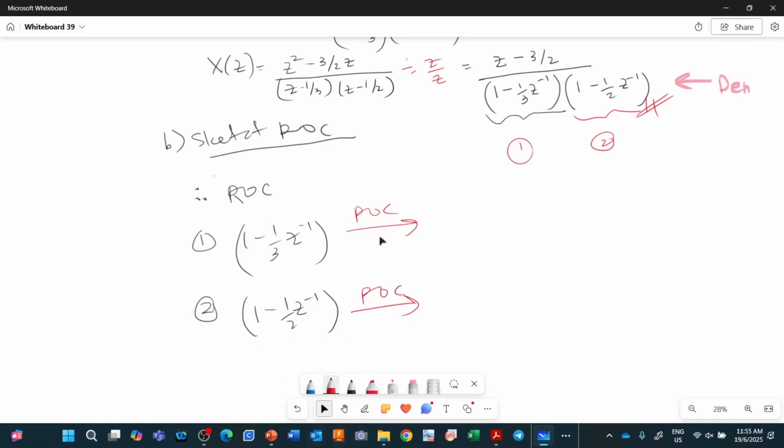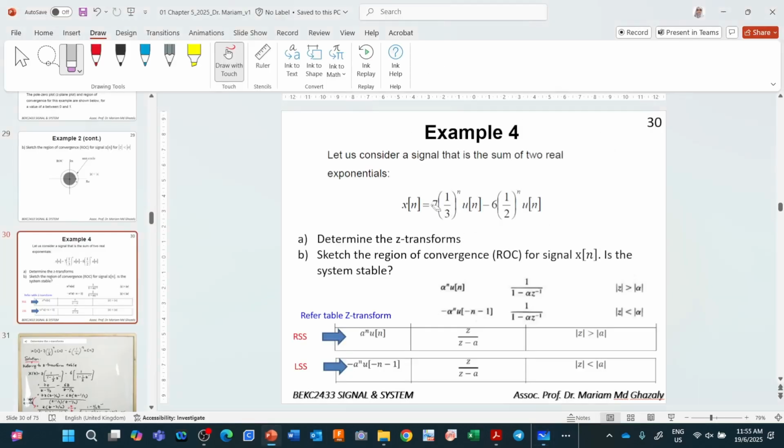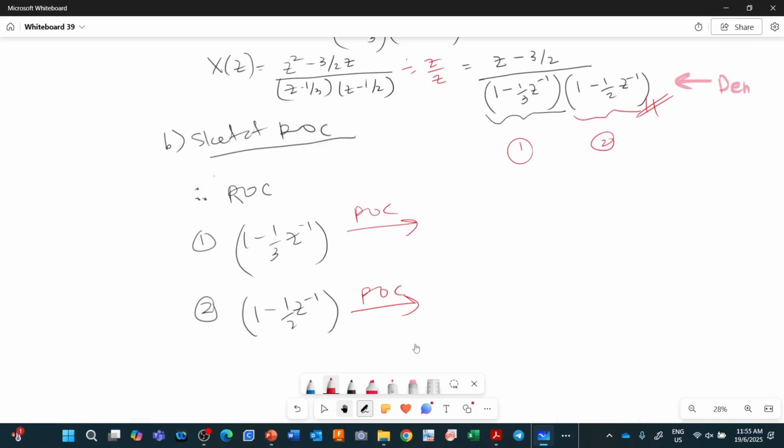Based on this, how do we determine whether the ROC is z less than a or z more than a? You are going to refer back to the yn, the original equation. If you look at the original equation, we have determined that we are using the right sequence. So z is more than a. So you write directly, therefore z is more than a. Your a value is what?